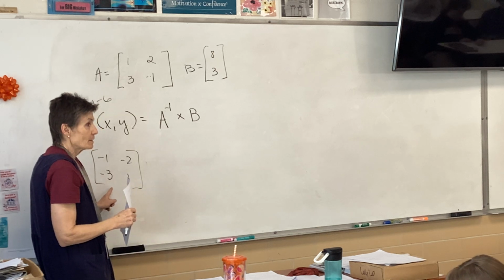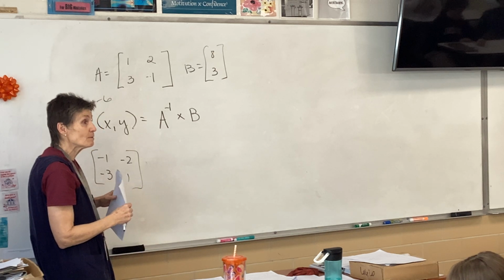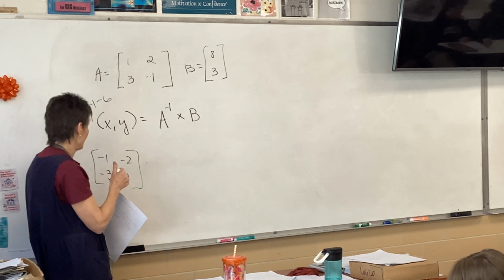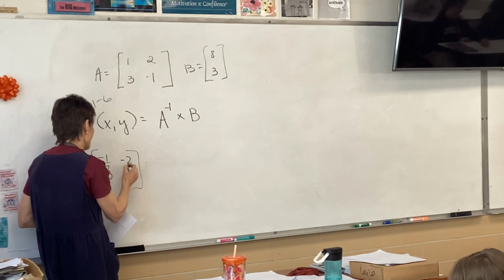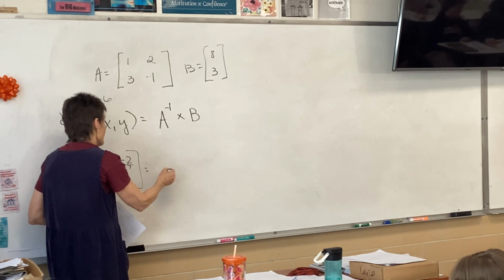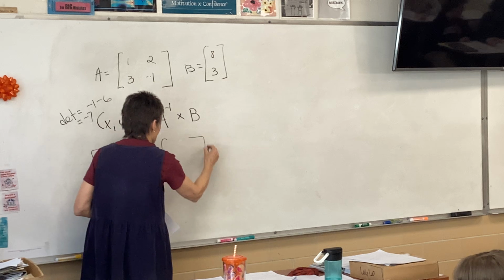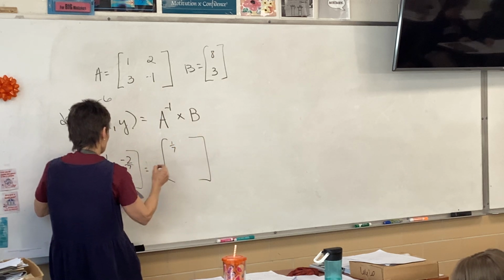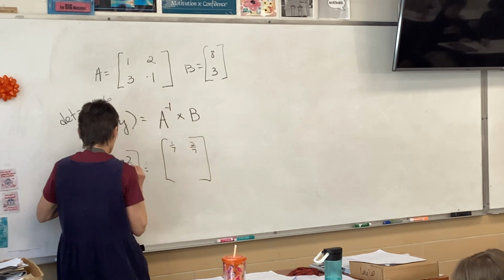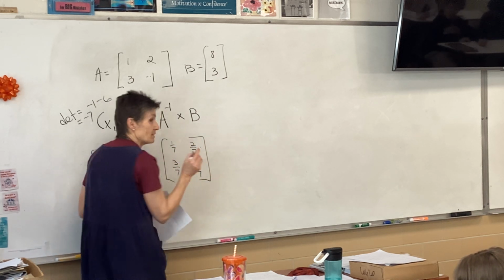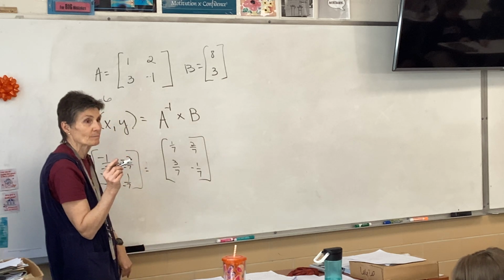Then to get the inverse, I put them all over -7. So my inverse is actually 1/7, 2/7, 3/7, -1/7. Does that make sense to everyone?